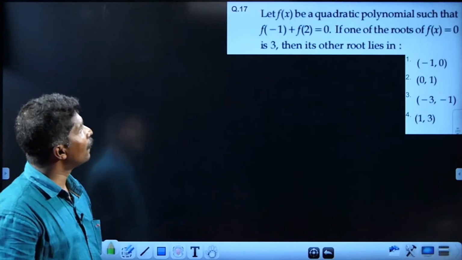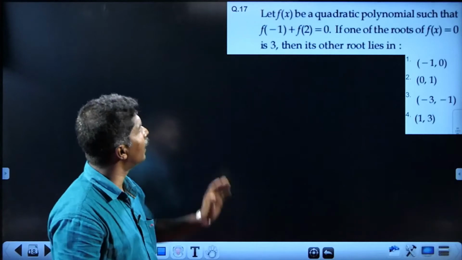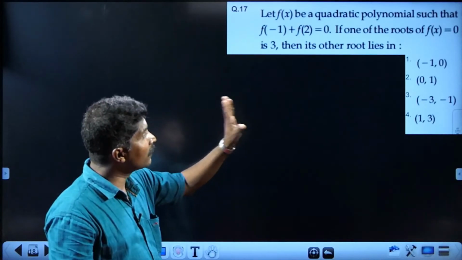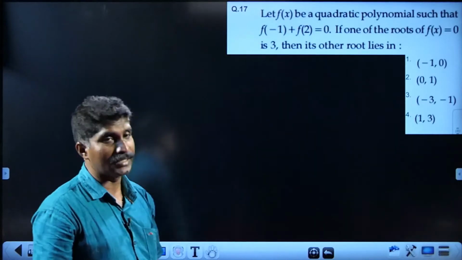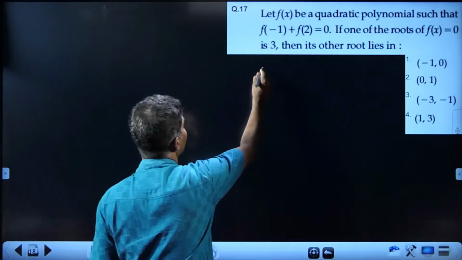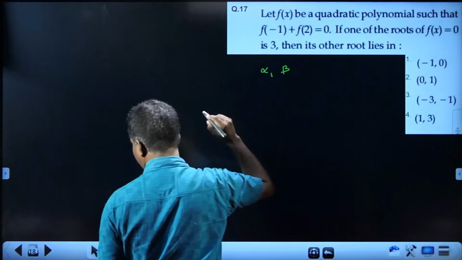Question 17. Let f of x be a quadratic polynomial such that f of negative 1 plus f of 2 is equal to 0. If one of the roots of f of x equal to 0 is 3, then the other root lies in... Suppose that the roots are alpha and beta.